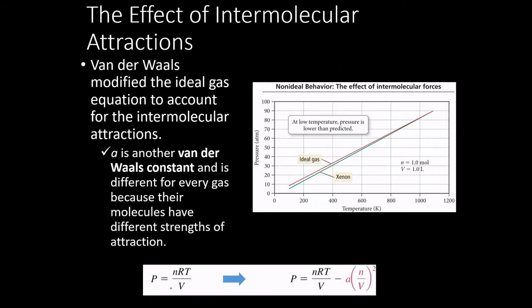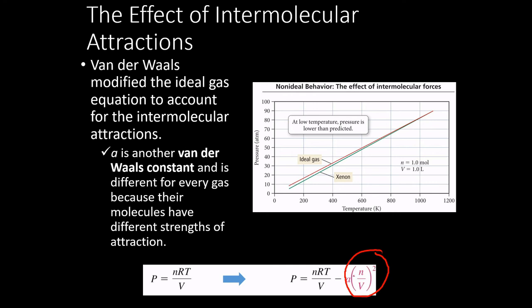Because of that, as you can see here, an ideal gas would be this red line, and as you get to colder and colder temperatures, the xenon, which is normally very ideal, acts less and less in an ideal manner. If we wanted to take that into account as well, we could, again, just with a little addendum onto the ideal gas law.